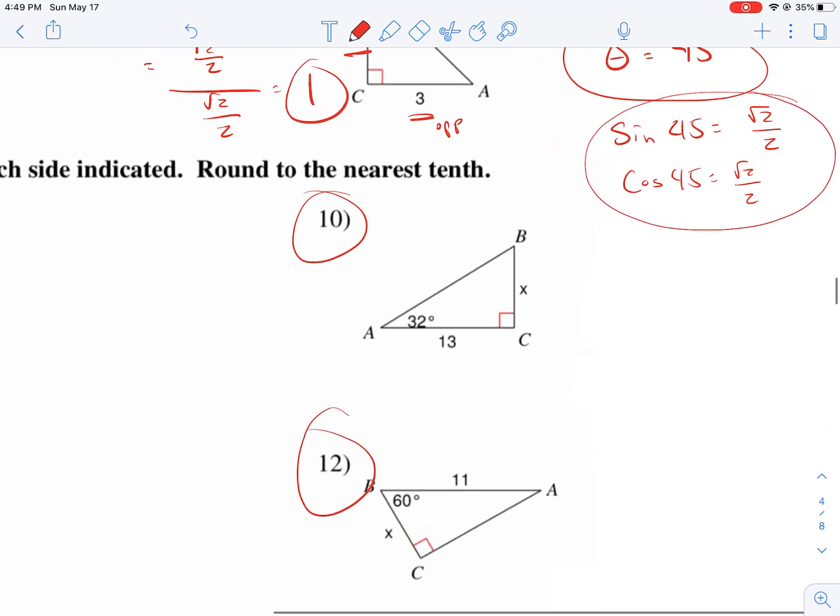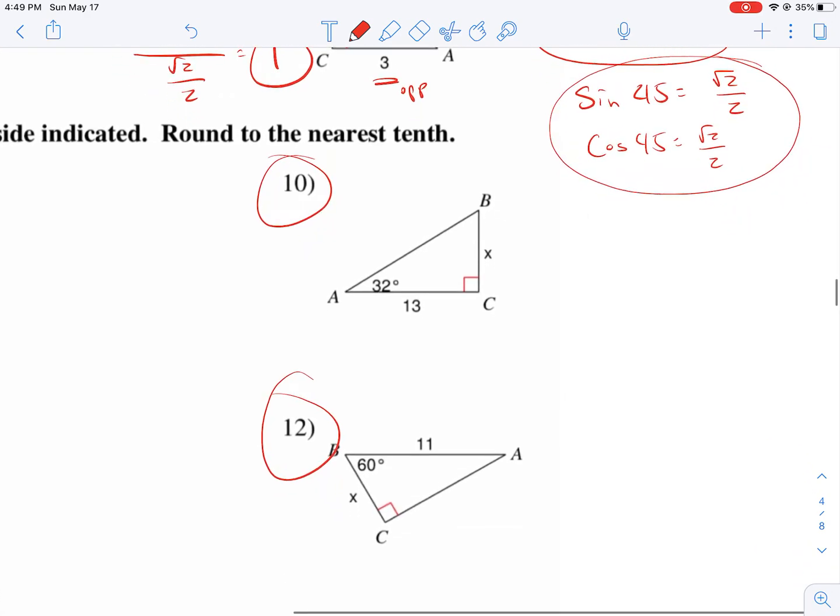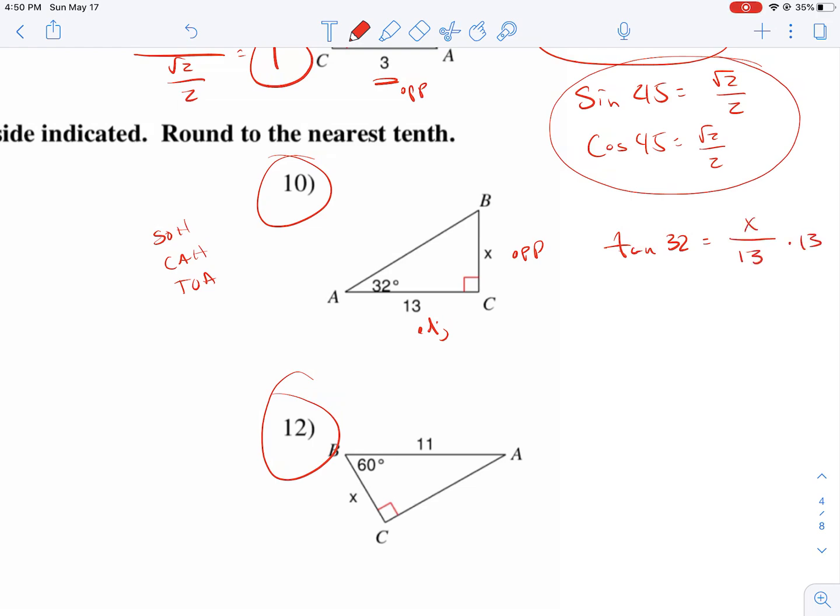Okay? So this one here. Find the indicated side. So this is our opposite side. This is our adjacent side. So let me write TOA. Which one involves opposite and adjacent? Well, that's tan. So the tan of 32 is equal to x divided by 13.